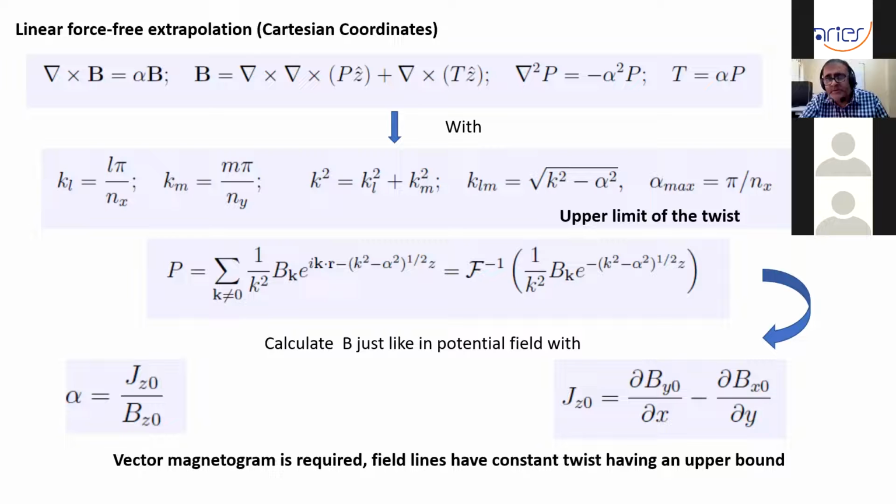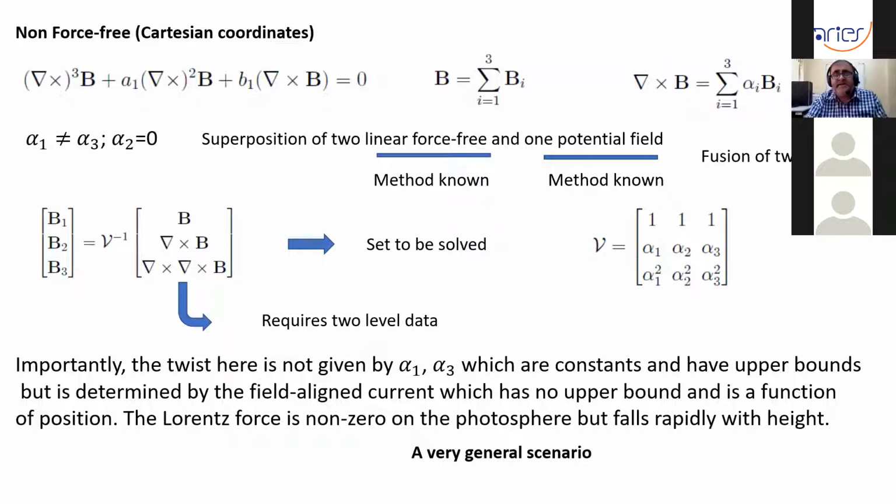Yeah. So then there are also non-force-free extrapolation techniques. I won't get into the details again, but the idea is that you solve a hierarchical equation where two of the superposing magnetic fields are linear force-free, and another is potential.